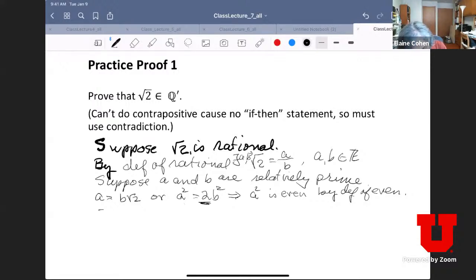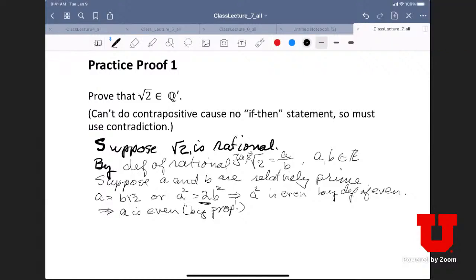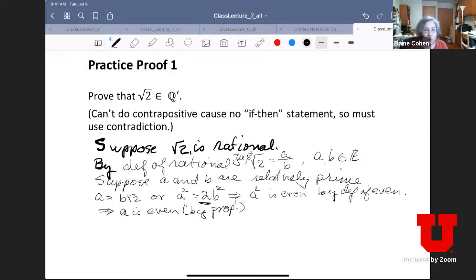And then that implies that a is even by the proposition that we could prove, if it were a test, that if a number squared is even, then the number is even. If we wanted to use that on a quiz, could we just use it, or do we have to prove it? Got to prove it. If you want, we'll do that on the side in a minute.